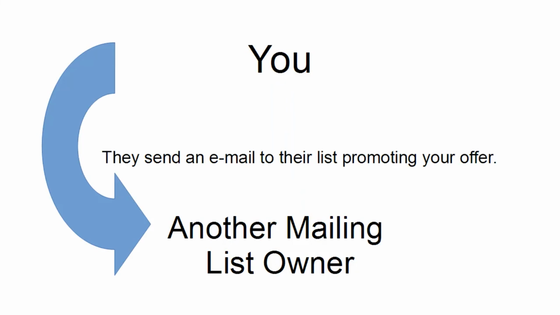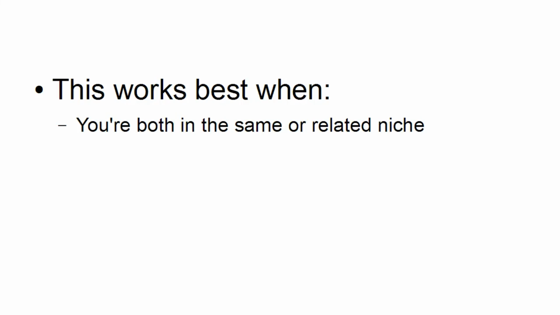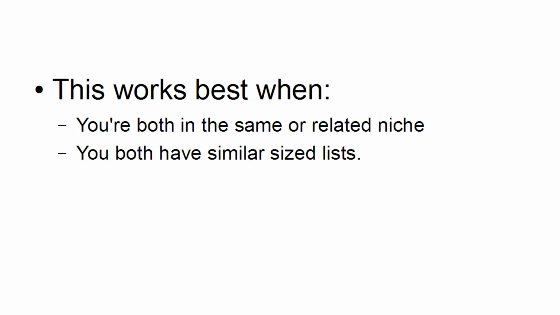They send an email to their list promoting your offer, and you reciprocate by sending an email to your list promoting their offer. And this works best when you're both in the same or related niche and you both have similar size lists.